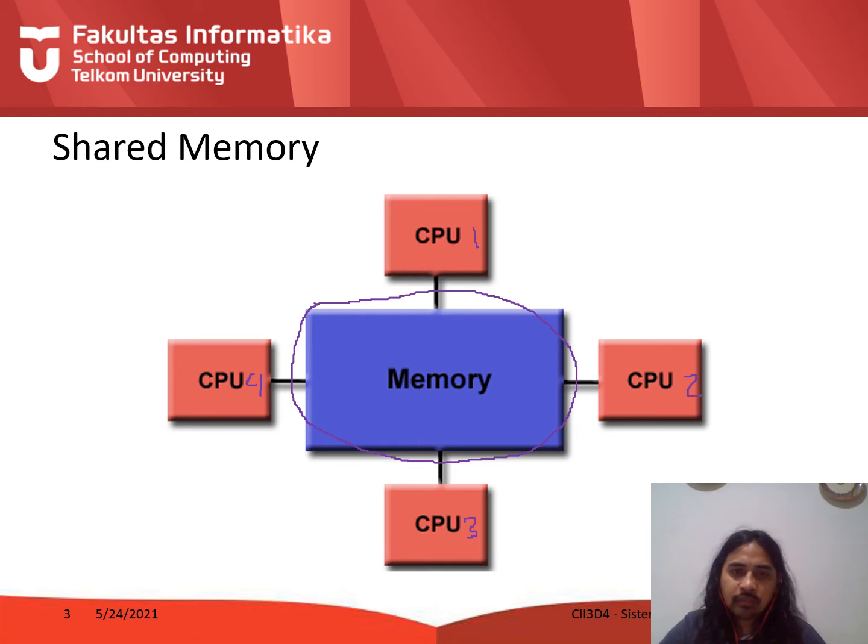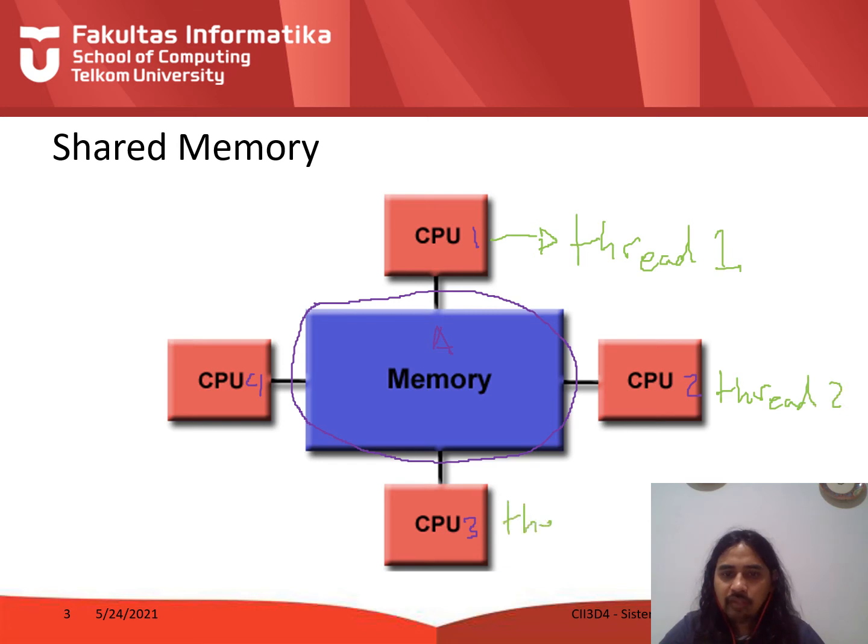For example, if CPU1 has a variable called A, this can be used by CPU2, CPU3, and CPU4. And when these CPUs are running at the same time, we can call them threads. So this is thread 1, this is thread 2, this is thread 3, and this is thread 4.